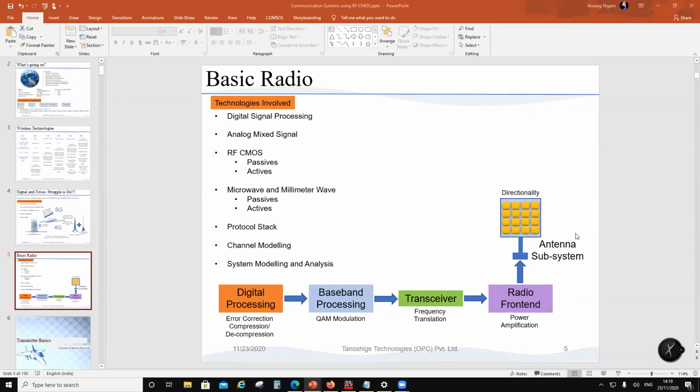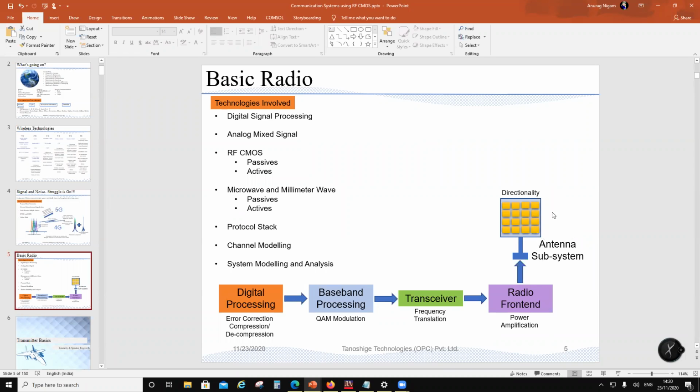I'll keep it to another workshop, a system view workshop on 5G, where I'll prove a lot of things. For now, the scope is very restricted, so please bear with me for this first workshop. In the next workshop, I will come back with your expectations.